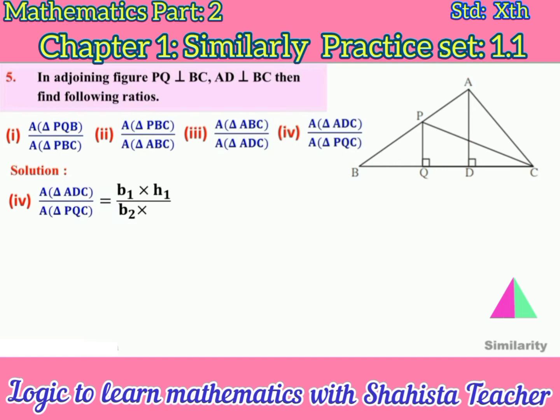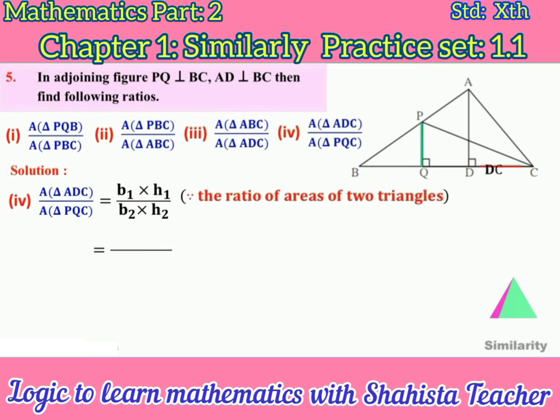Same formula we are repeating four times. Hence the ratio of the areas of two triangles.